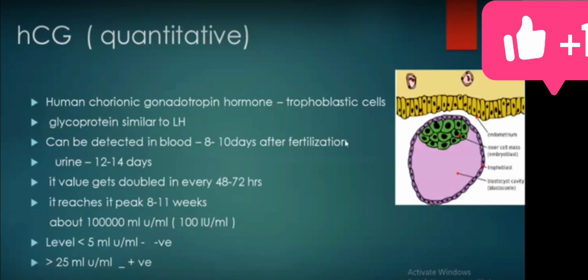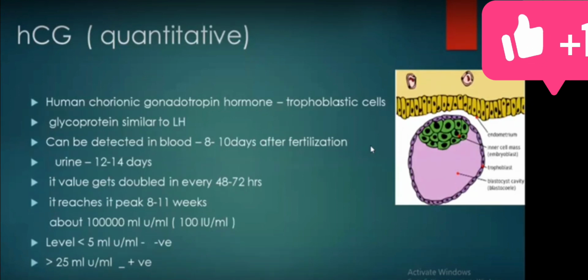This beta HCG is present almost 8 to 10 days after fertilization. Suppose the 23rd is the first menstrual day of a lady. After 14 days, it may be her ovulation time. Then next month the 23rd is her expected menstrual period.